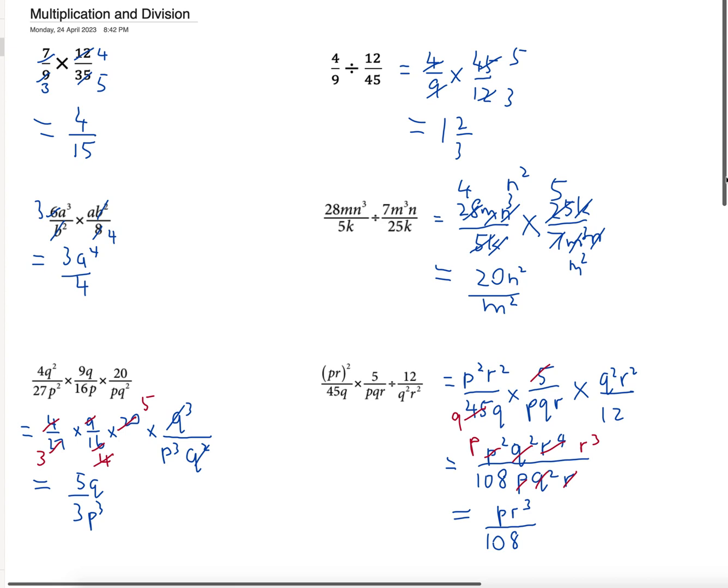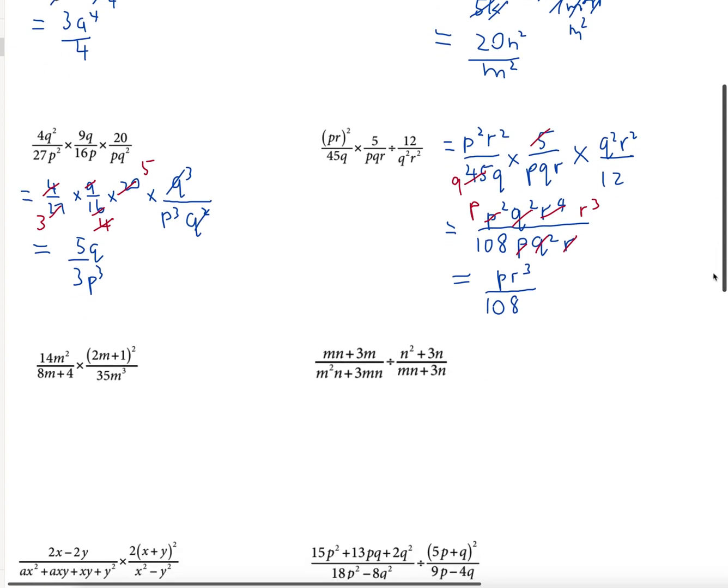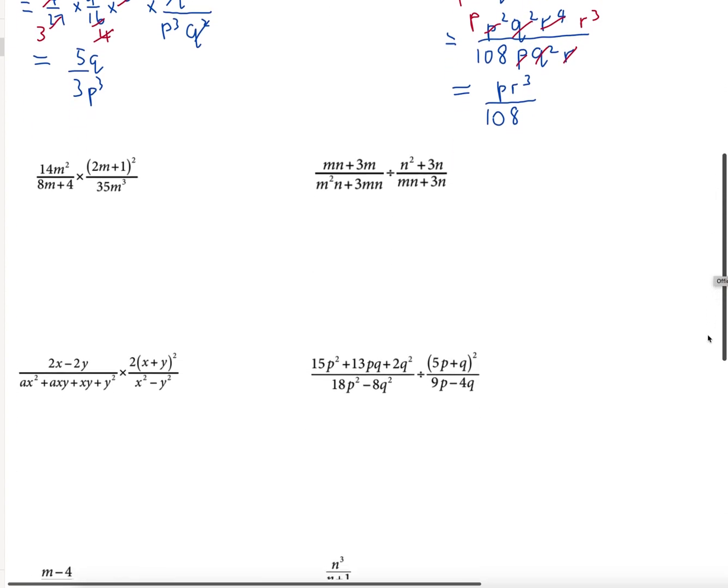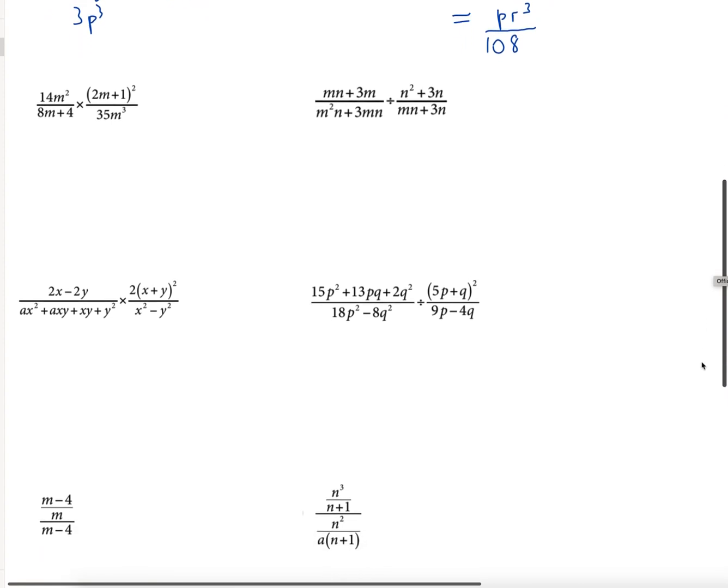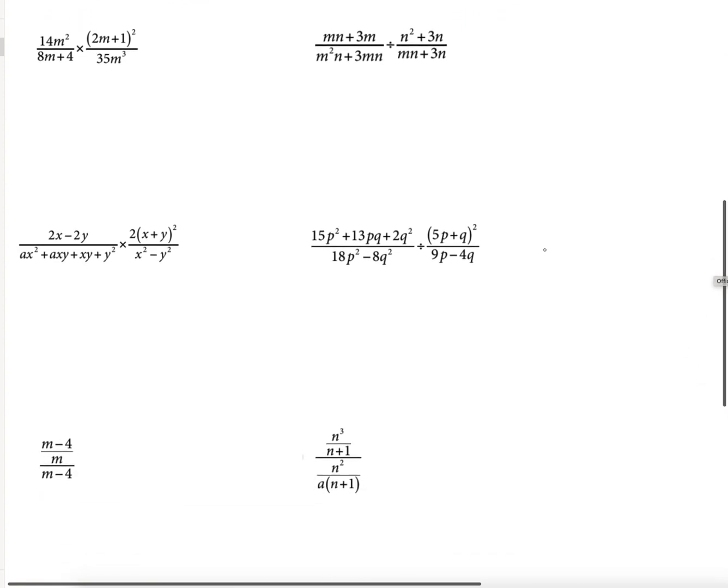Look at some more examples. In this case here, we don't have factors, so we can't just cancel like this. Remember, we need to factorize first.